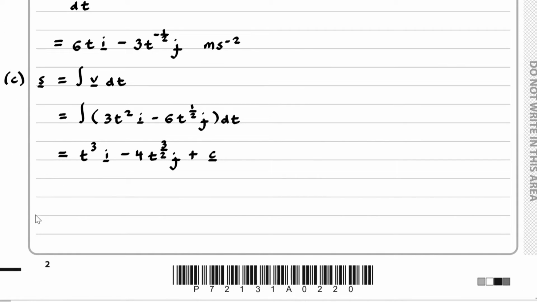So when t equals 4, we have i minus 4j equals 4 cubed i subtract 4 multiplied by 4 to the 3/2 j plus c.